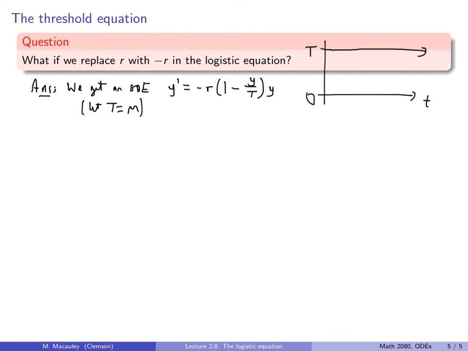Instead of being like this, they're going to be like that. And instead of like this, they're going to be like this, and so forth. So in here, we have y prime is negative. Up here, y prime is positive, and here, y prime is negative. It's the opposite of what we had before. So our solutions are going to look like this.